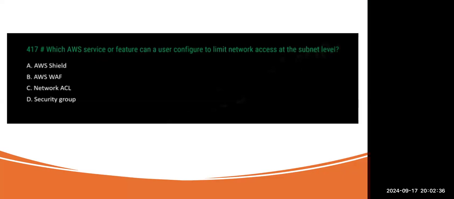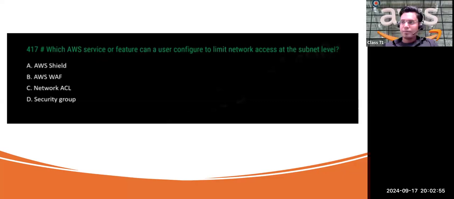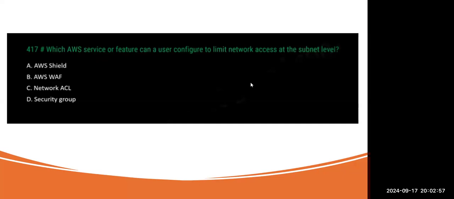Within those subnets, you can have different programs running. You could have an EC2, and EC2 would require a security group. Within your EC2, you could have an application, and the application would require a web application firewall. Okay, that's good. I gotta remember that.